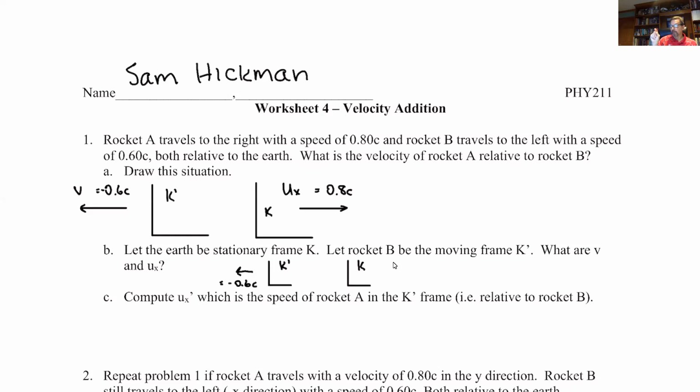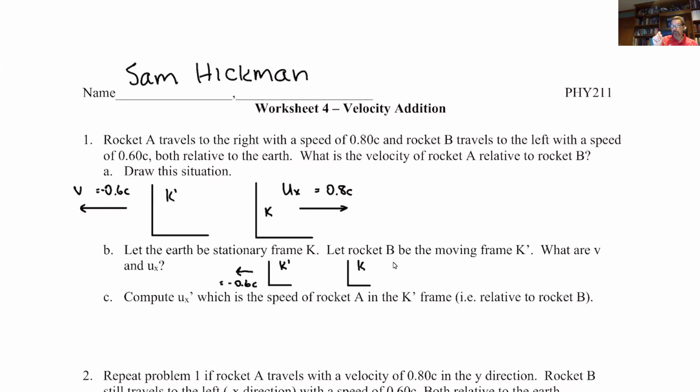We're saying that rocket A is being given relative to the Earth with a speed of 0.8 c, right? So that would be u sub x, no prime, just u sub x is 0.8 c.